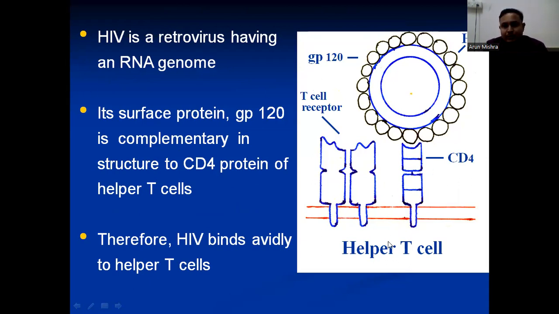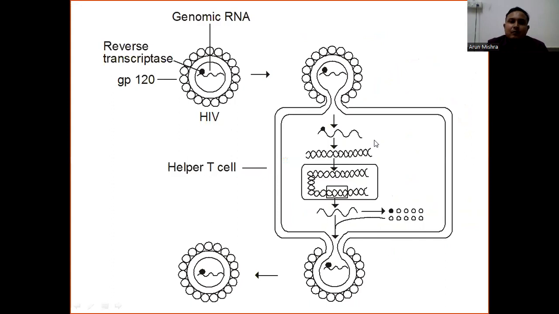Here, the helper T cell along with its GP120 protein and T receptors.